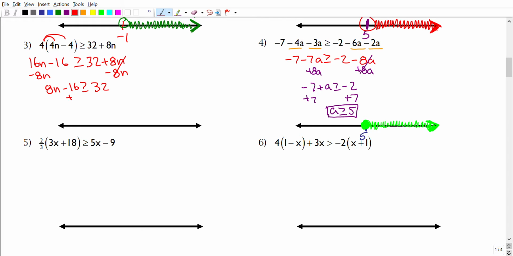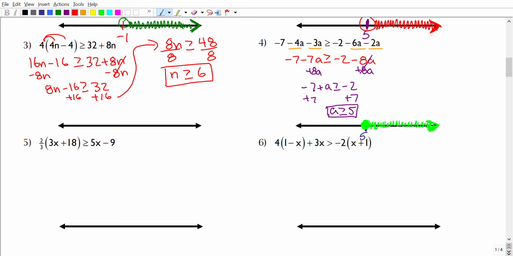Continue solving by adding the 16. So we get, and I'm going to move over here, 8n is greater than or equal to, this was 48. And I'm dividing by a positive 8, so no need to flip the sign. So I get n is greater than or equal to 6.